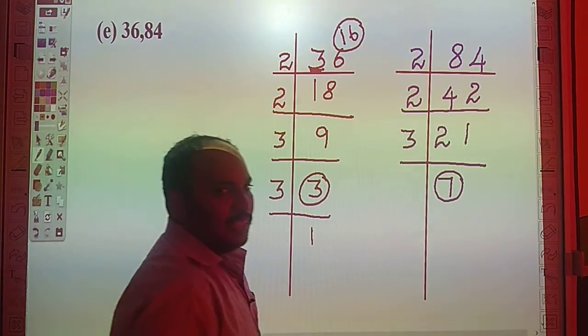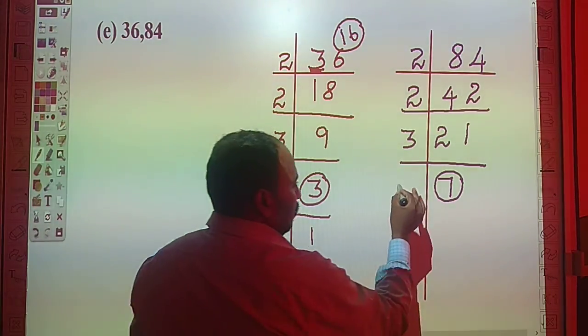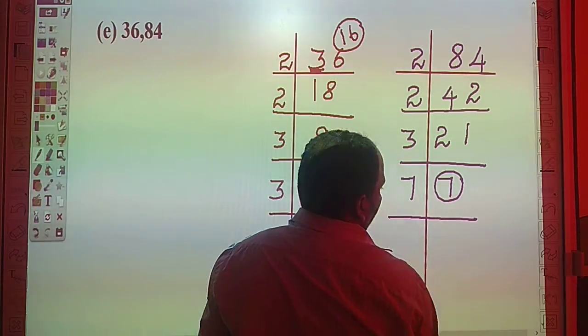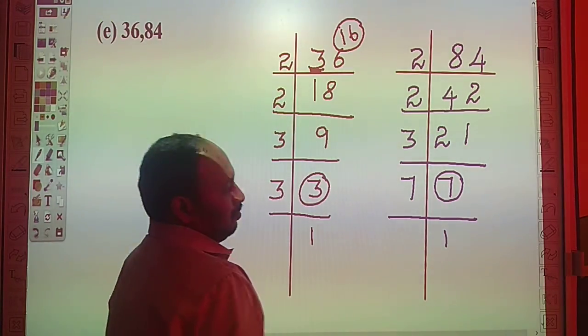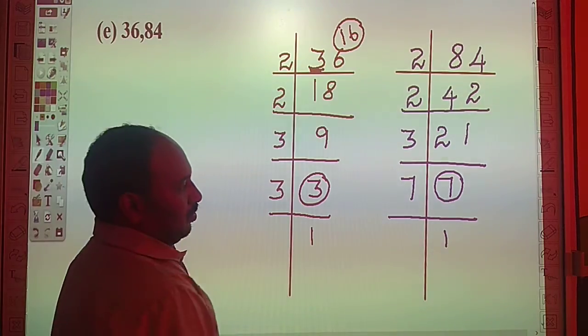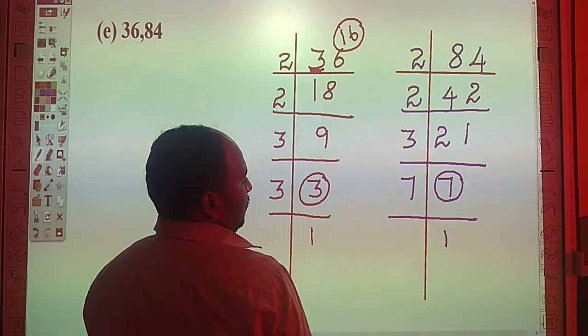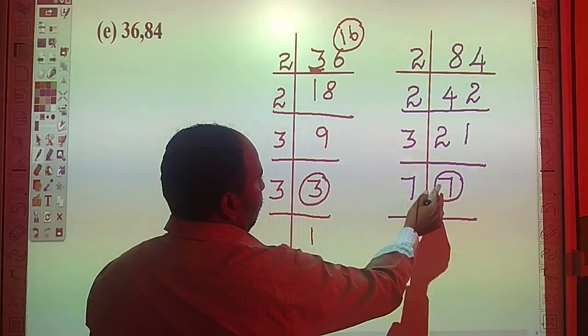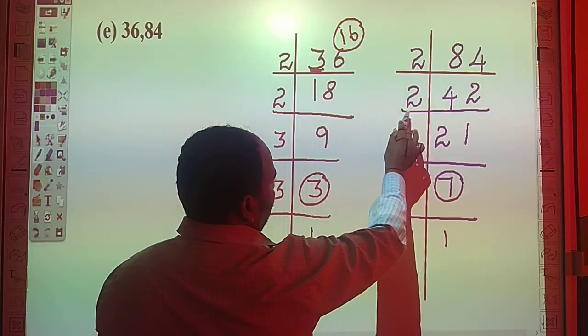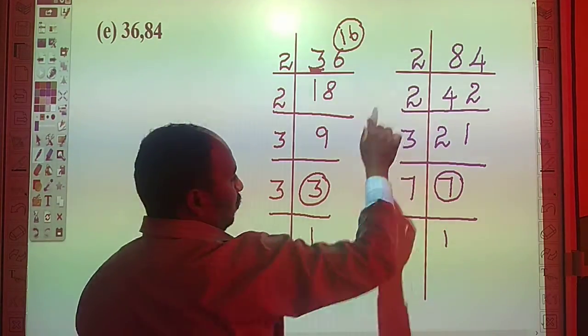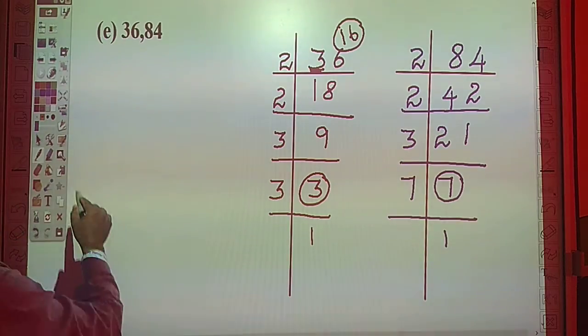Number 7 is a prime, so it is divided by itself. 1 into 7, 7. 7 into 3, 21. 21 into 2, 42. 42 into 2, 84.